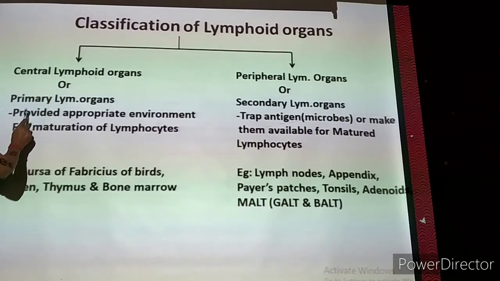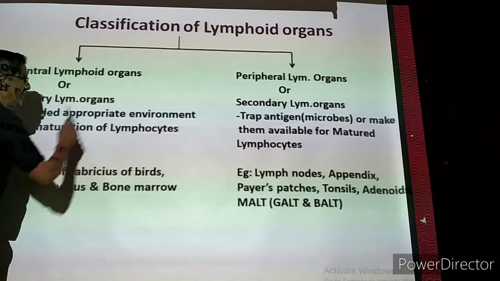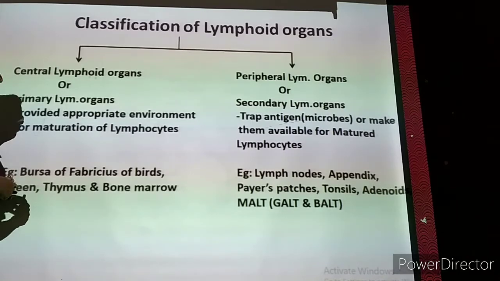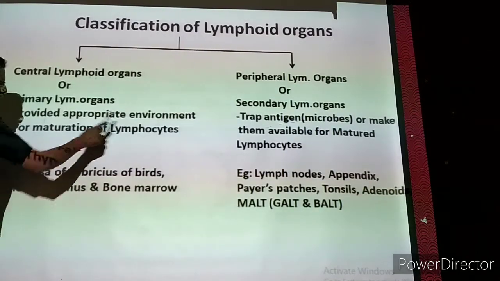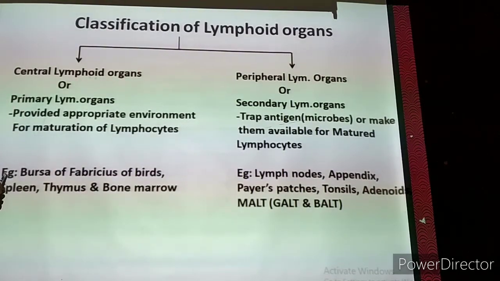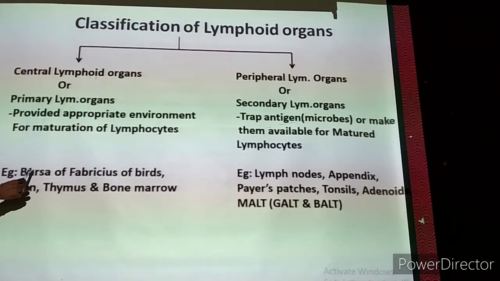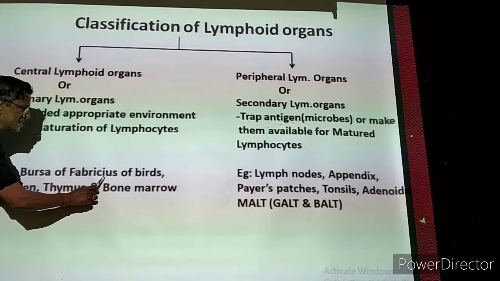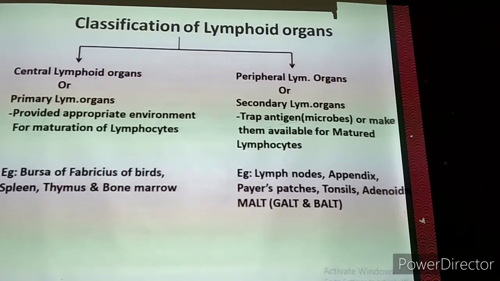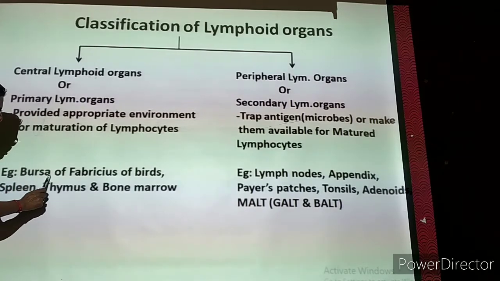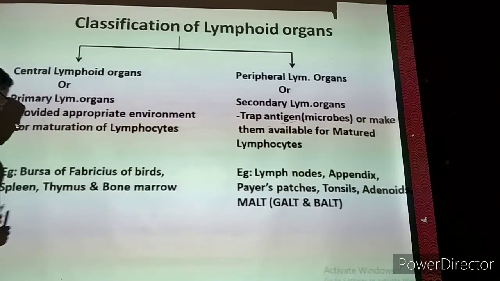These organs are providing the appropriate environment condition for maturation of lymphocytes. There are certain examples. Bursa of Fabricius of birds. Actually, this is an organ found only in birds. In the human body, it is not found. What is the name of it? Bursa of Fabricius of birds.